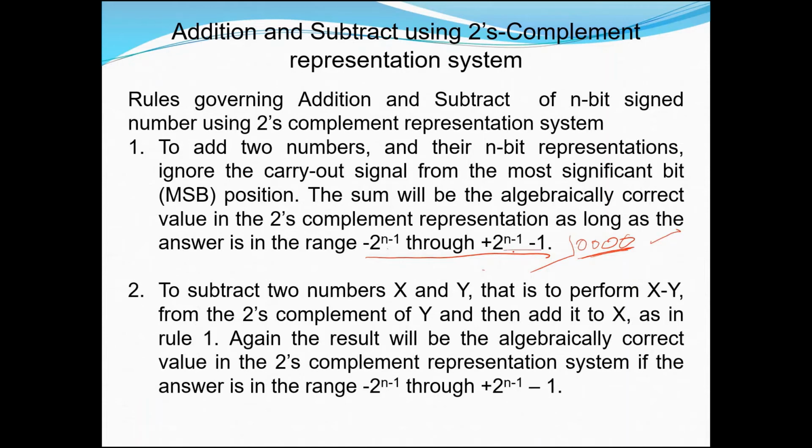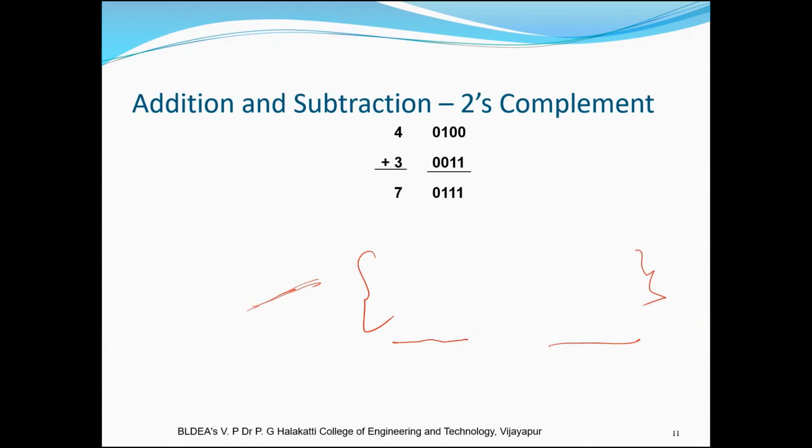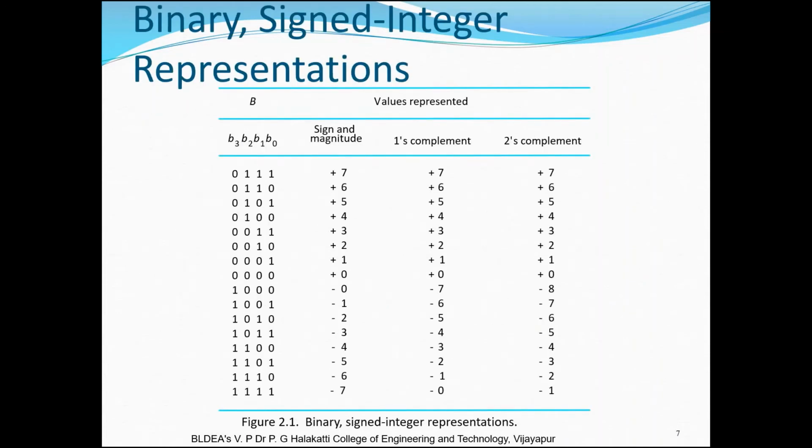Now to understand this, if we see the diagram here in 2's complement, for 4-bit representation, 2 raised to 4 minus 1 is equal to 2 raised to 3, which is 8. Right? I should be able to represent up to 8. But what we said is it is not just 2 raised to n minus 1, it is minus 1.